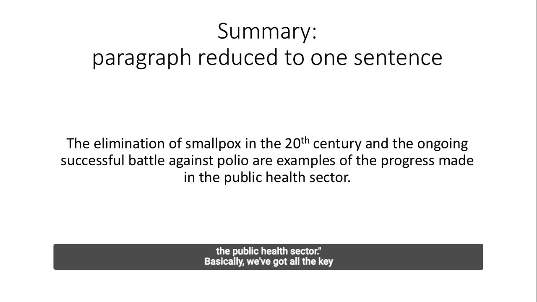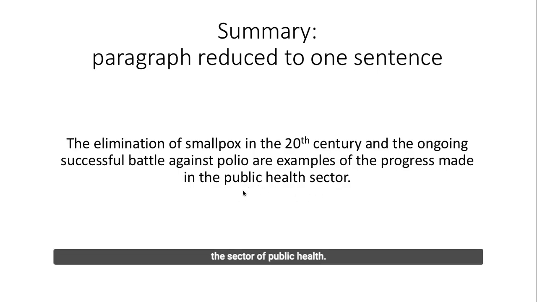Basically, we've got all the key ideas here. The two illnesses mentioned in the paragraph, the fact that one has been completely eradicated and done away with, one is still ongoing, but with success, that progress has been made in the 20th century and in what context? Well, in the sector of public health.